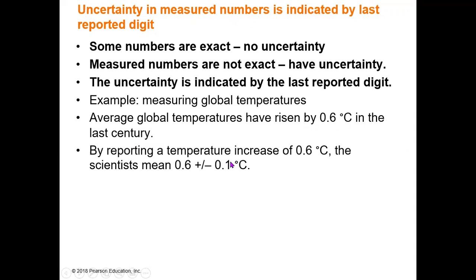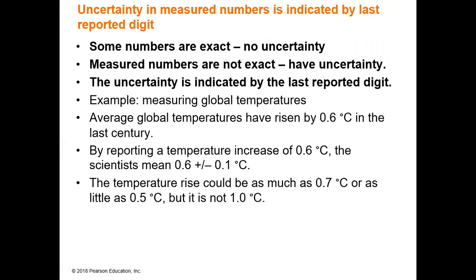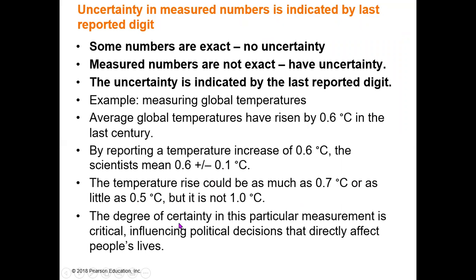By reporting a temperature increase of 0.6 degrees Celsius, the scientist means 0.6 plus or minus 0.1 degrees Celsius, which means the real global temperature increase is somewhere between 0.6 plus 0.1, which is 0.7, or 0.6 minus 0.1, which is 0.5. The degree of certainty in this particular measurement is critical, influencing political decisions that directly affect people's lives.